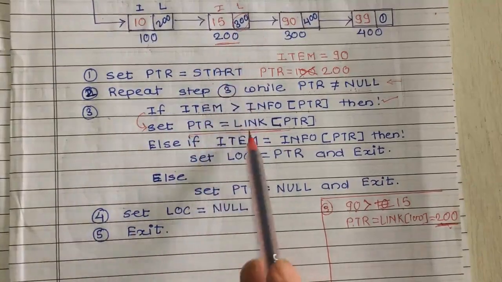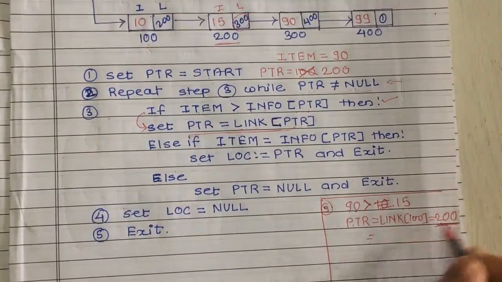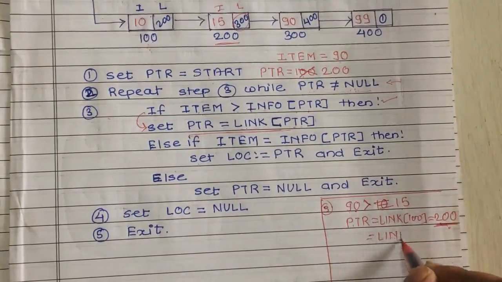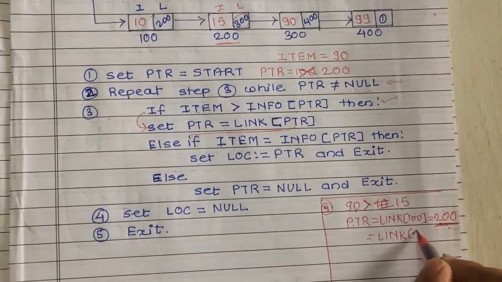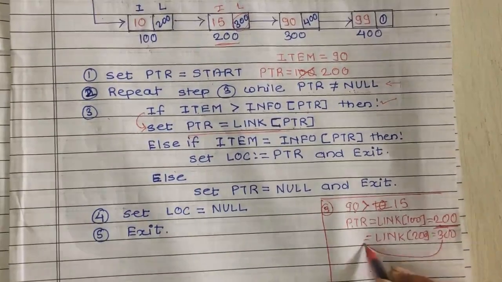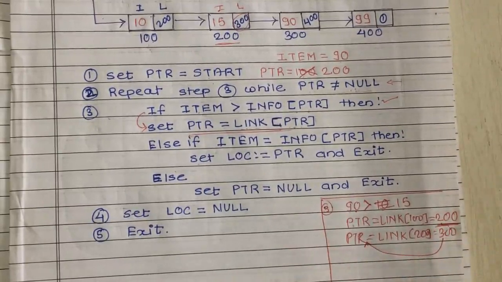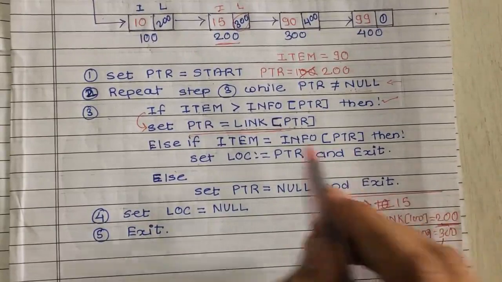So link of PTR will give 300. This link of 200 is equal to 300, so it will be assigned to PTR. So now PTR becomes 300. I hope you understand this.